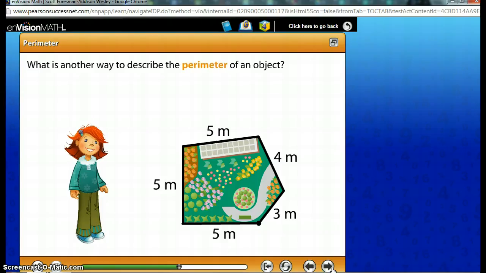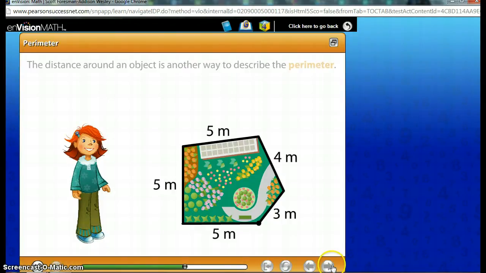What is another way to describe the perimeter of an object? Tell me again, Claire, when we're talking about perimeter, what are we talking about? Is it the area of the inside or the distance around the outside? Says distance.